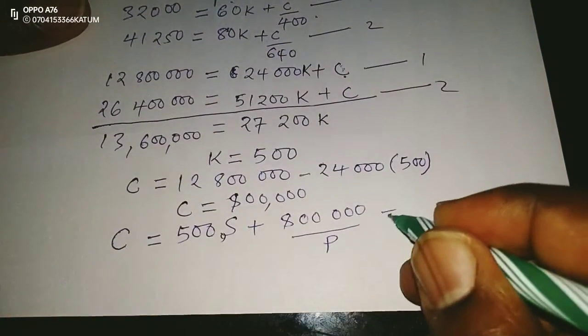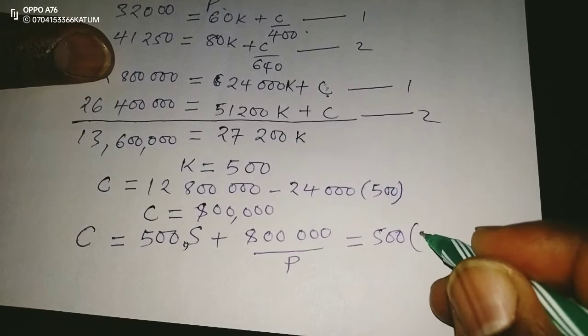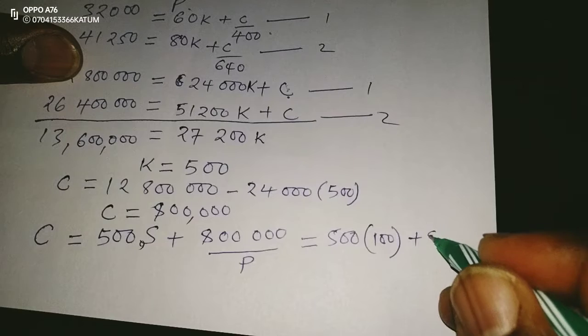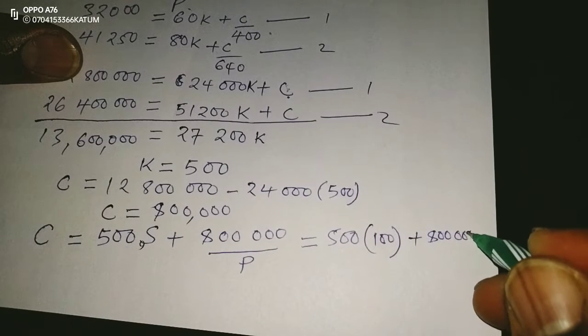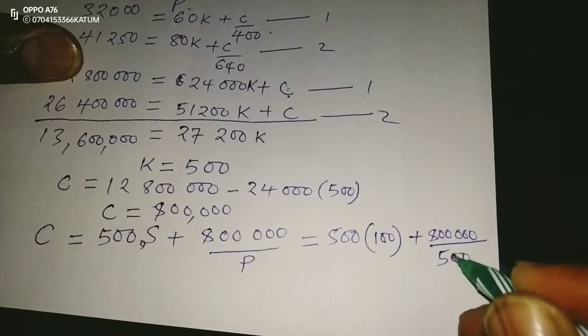That means now the cost is going to be 500 times 100 plus 800,000 out of the ordinary, which are 500.